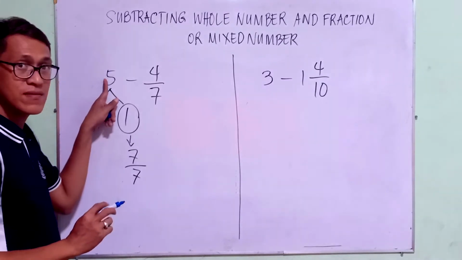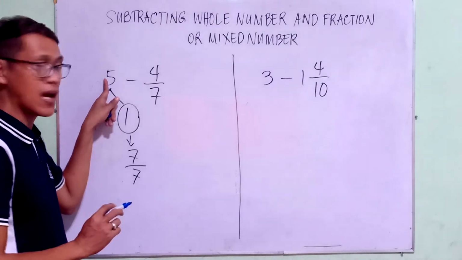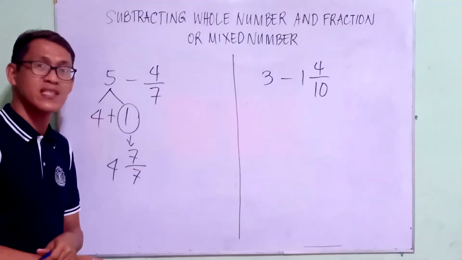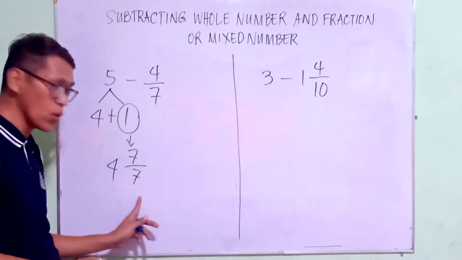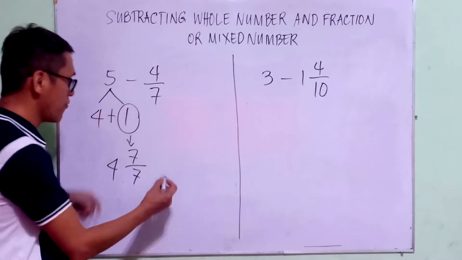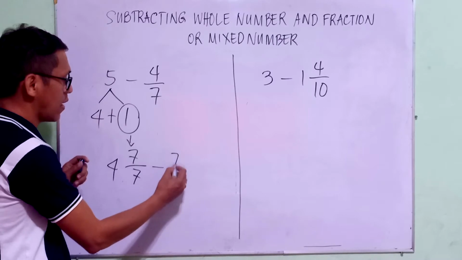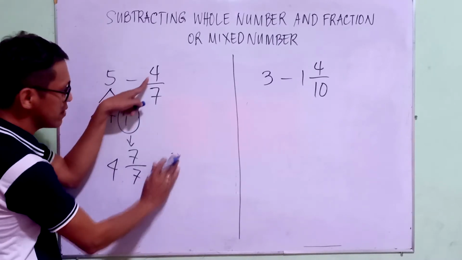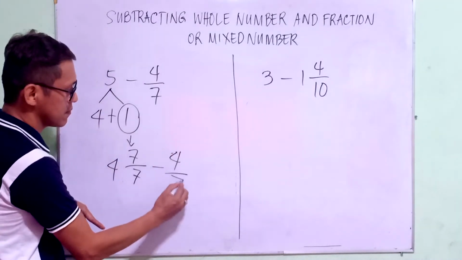So 5 becomes 4 and 7 over 7. Again, this is 1 whole plus the 4, that's 5. Then you can subtract now 4 and 7/7 minus this fraction 4/7.